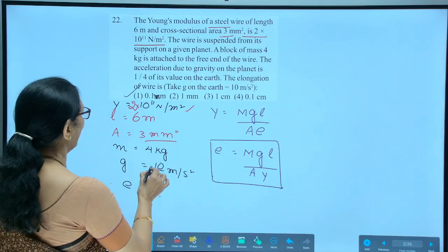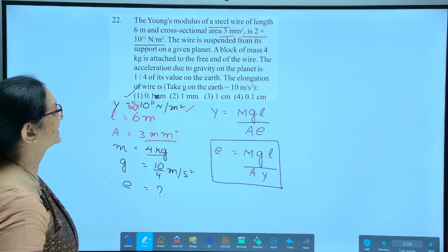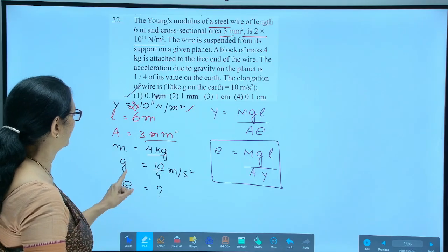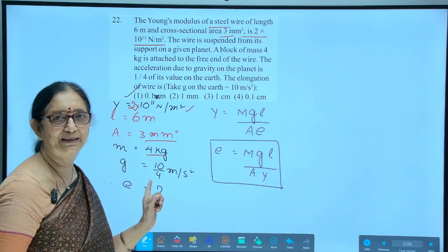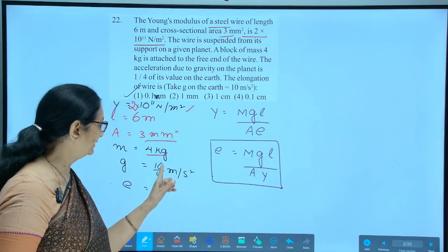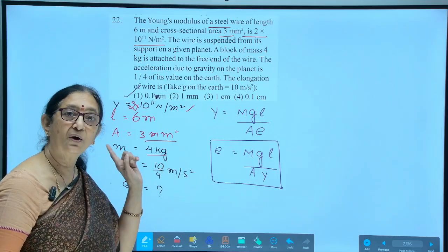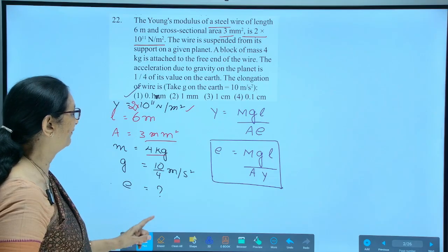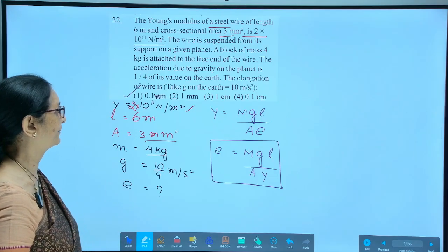A block of mass 4 kg is suspended from the free end of the wire. The acceleration due to gravity on that planet is given as 1/4 that on the earth. On earth it is 10. So, on that planet it is going to be 1/4, that is 10 by 4. What is the elongation produced?